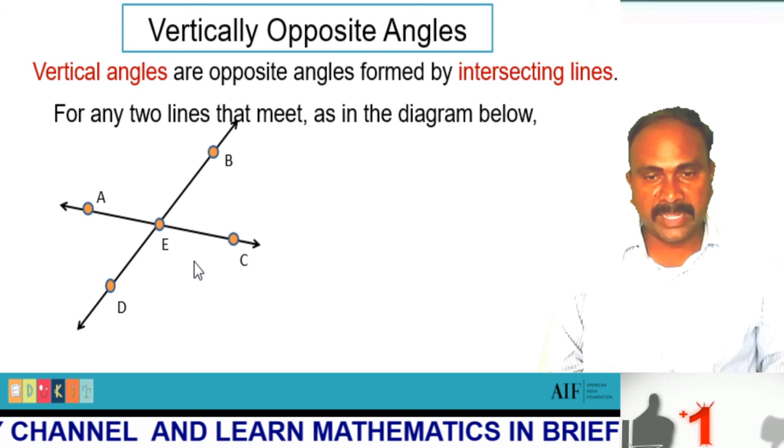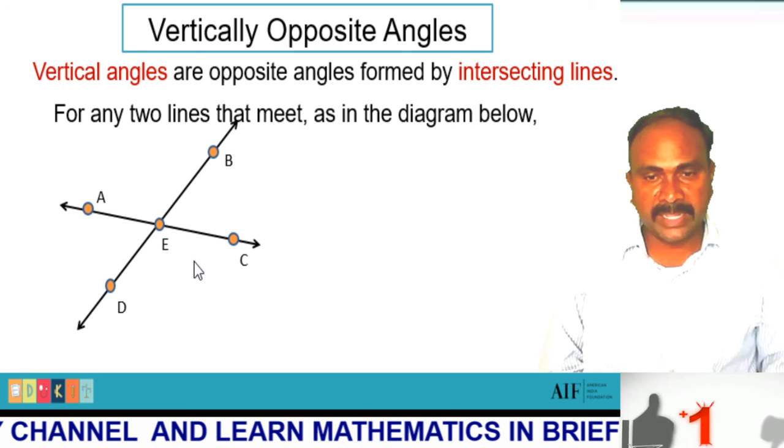Okay, so here the common vertex is there, but no common arm, because BE and AE form this angle at vertex E, and DE and EC form at vertex E an angle, that is angle DEC.